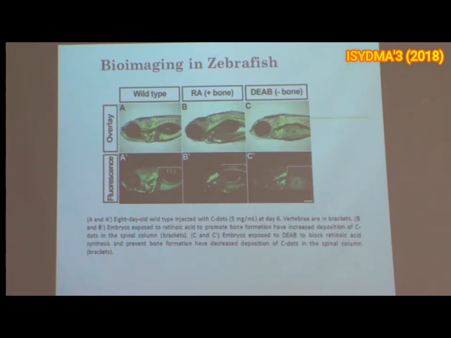And if we use retinoic acid, which we know makes the system grow bone, again, we can see much clearer the bone formation. But if you use a derivative, the benzaldehyde derivative, which eliminates the growing of the bone, we don't see it here. So that means that when we conjugate different ligands onto the carbon dots, it will recognize or not the bones, depending on the conjugation you are making.